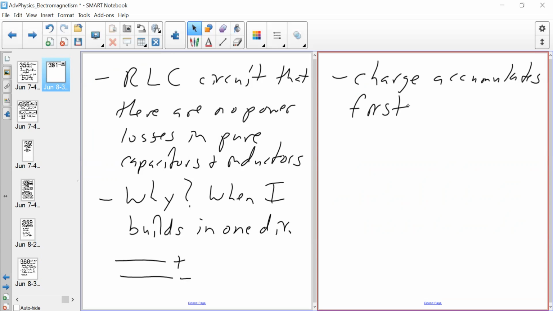So even though there's no current through the capacitor, it is going to discharge after that current builds up. So then you'll have a current running through the other circuit components of the circuit.